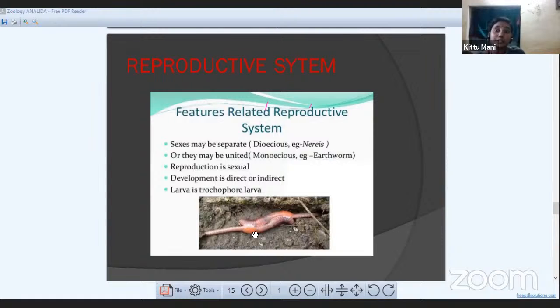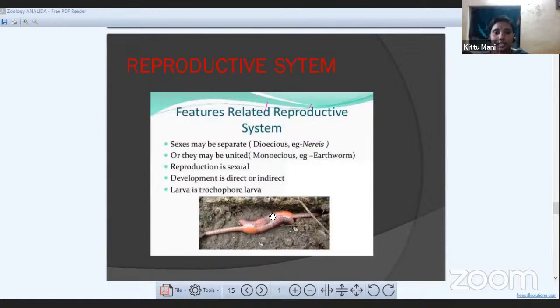This is also coming in your botany, like flowers. Protandrous means the sperm cells mature before the ovum, that is, male gametes mature before the female gametes. That's why they mutually exchange sperm materials. Okay, here this is one earthworm, this is another earthworm.